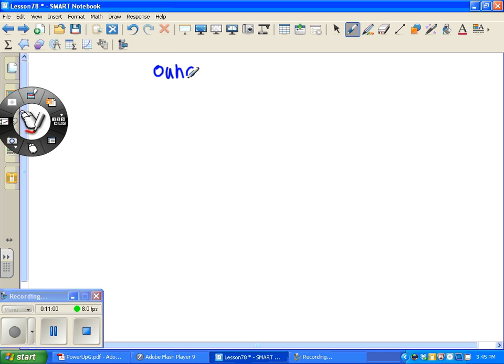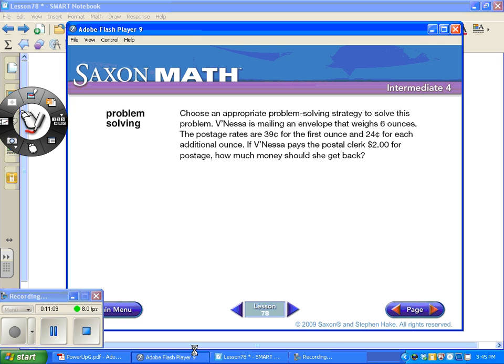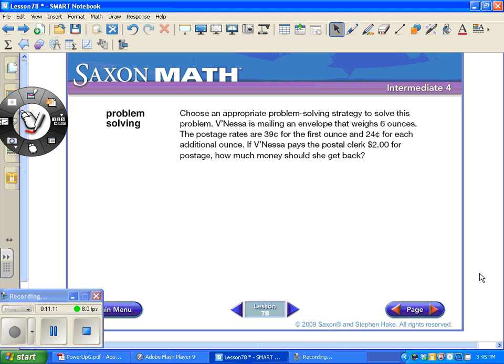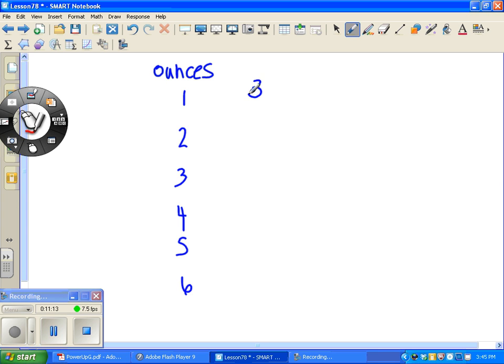So ounces, 1, 2, 3, 4, 5, 6. 39 cents for the first one. Now I have to add 24, and let's see what my total would be for up to 2 ounces. I'm up to 63 cents by the second ounce.